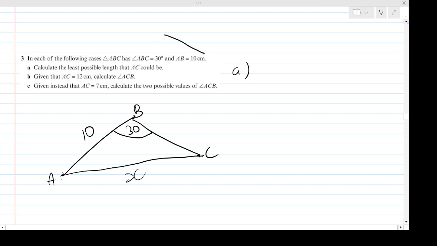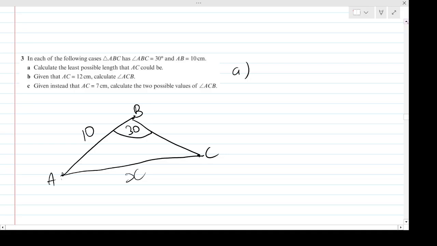So say if you have a line here and A's there, and say you have another line there and C's there, the minimum distance between those 2 points is perpendicular to it, right? What that means then is the least length occurs when they're perpendicular.